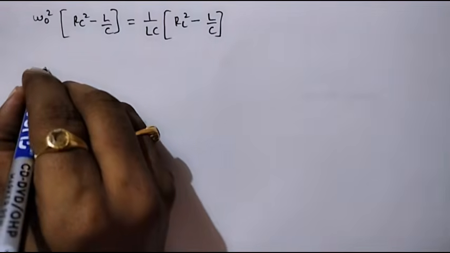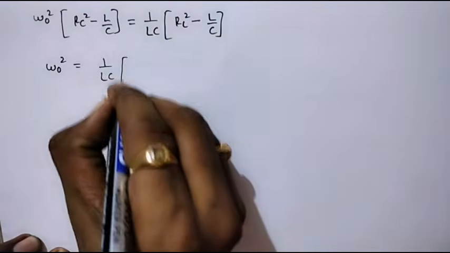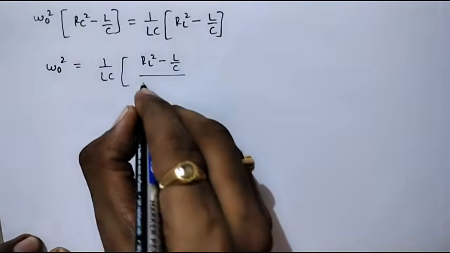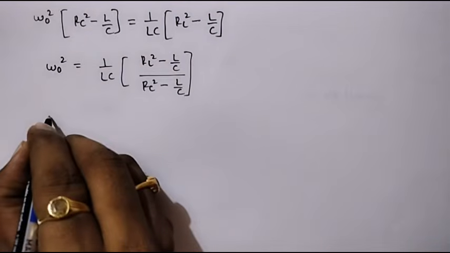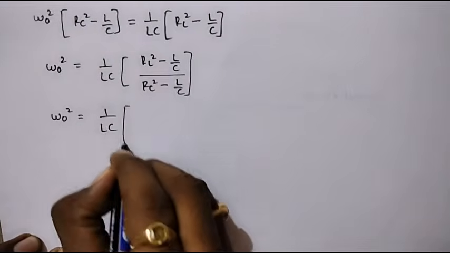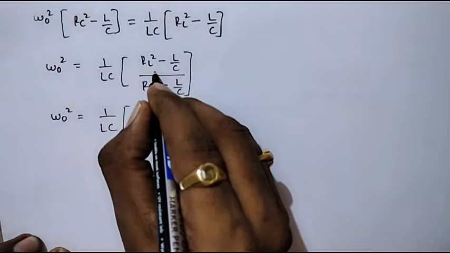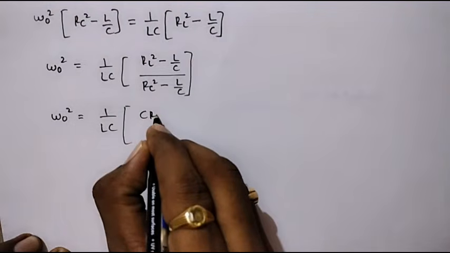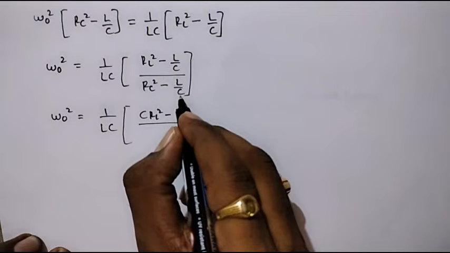So now I can write omega naught square is equal to 1 over LC in bracket RL square minus L by C divided by RC square minus L by C. So here I'll take C as LCM, I can write it as C RL square minus L. On denominator side also I'll take C as LCM.